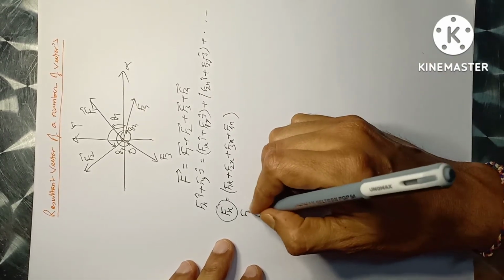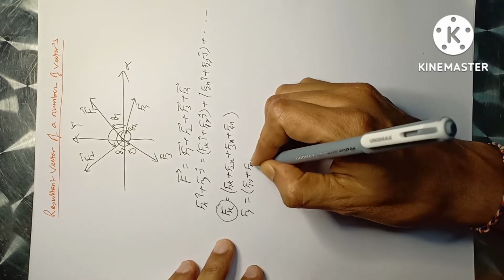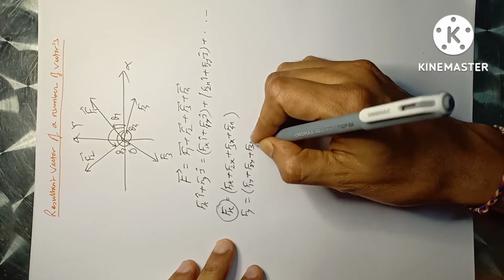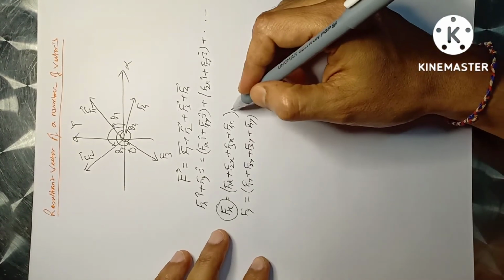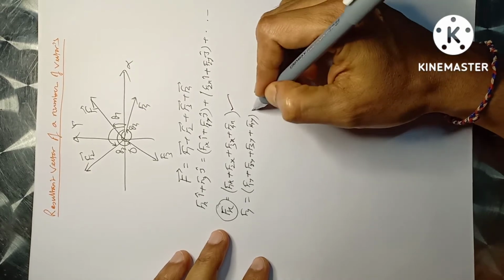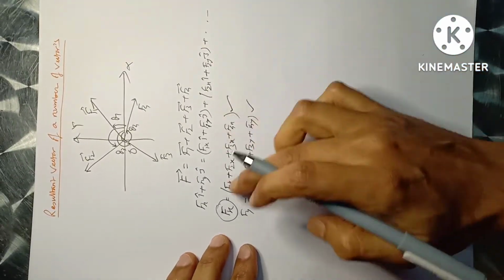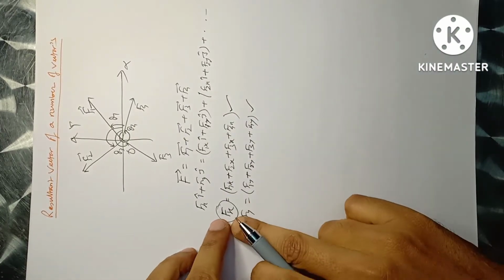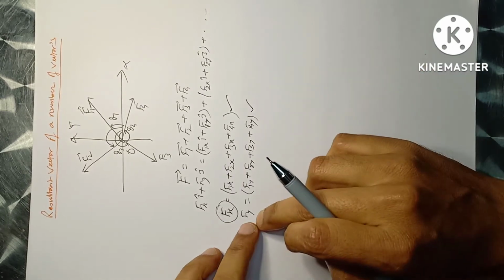Similarly fy is f1y plus f2y plus f3y plus f4y. So first of all we need to calculate the x and y components of all vectors, and then the sum of the x components gives the x component of the resultant, and the sum of the y components gives the y component of the resultant.